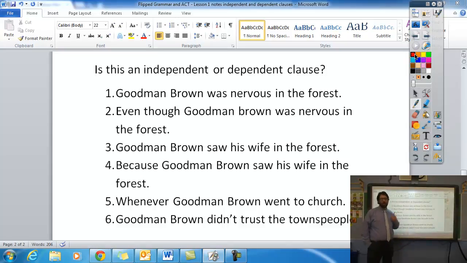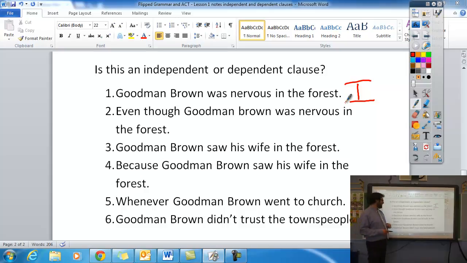What do you think? If you're still thinking about it, pause the video, give it a thought for a second. But this one, it's got a subject, it's got a verb, it expresses a complete thought, right? He was nervous in the forest. That's a complete thought. So what is it? This one's independent.